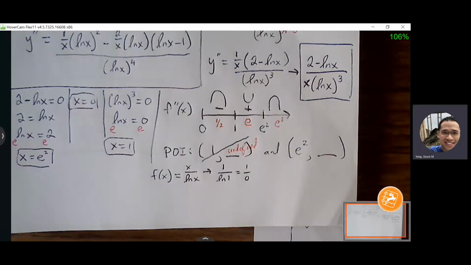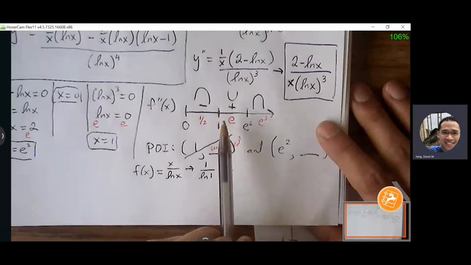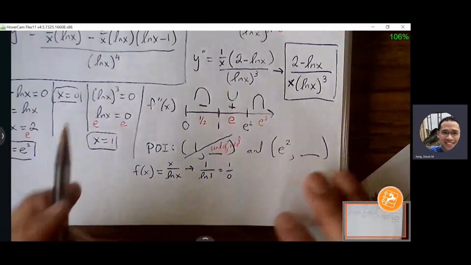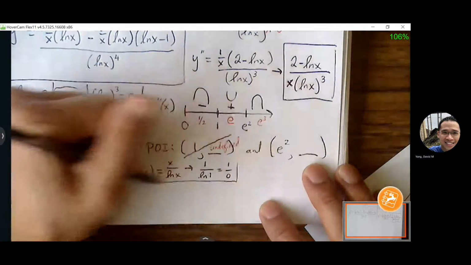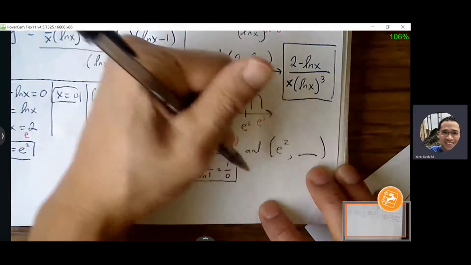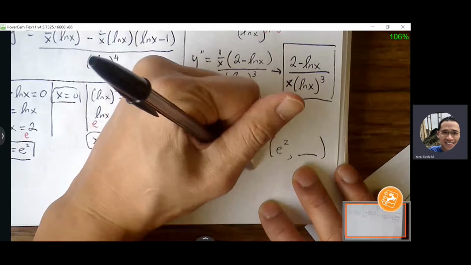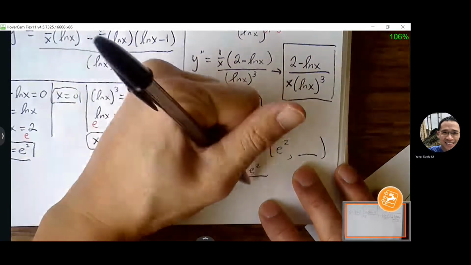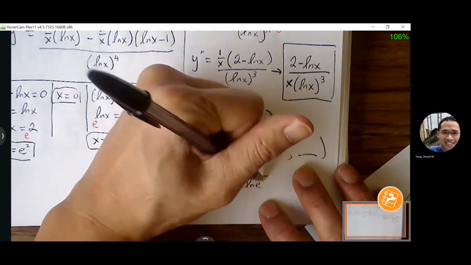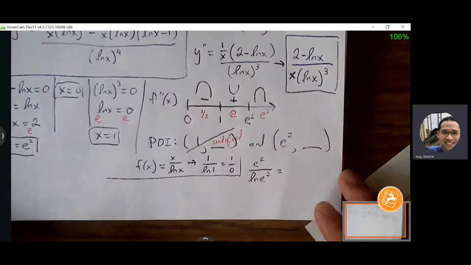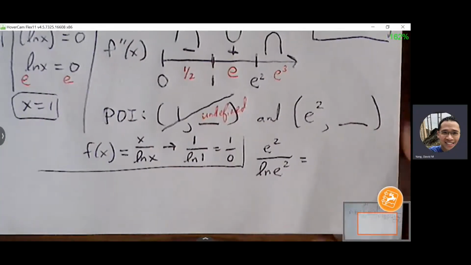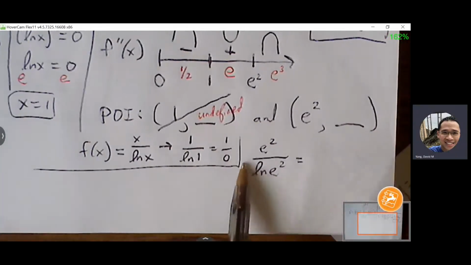Okay, let's test out e squared. There's a change in sign, so we want to see if that point exists here. So we enter e squared in for x. Okay, so how can I clean this expression up?